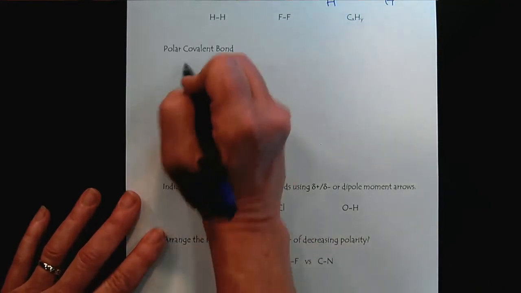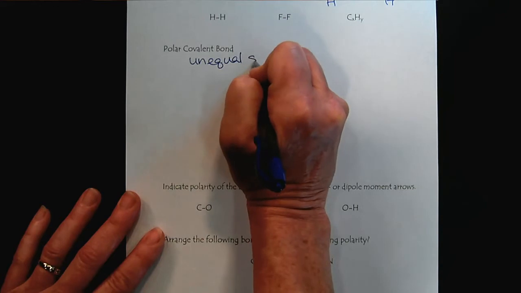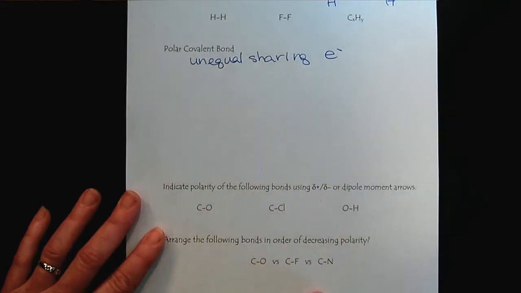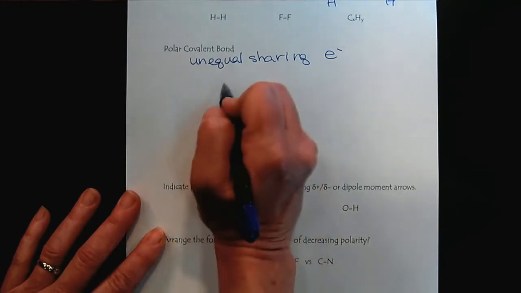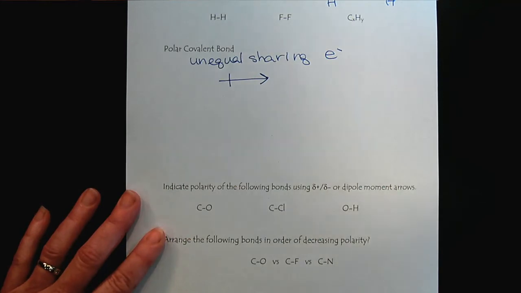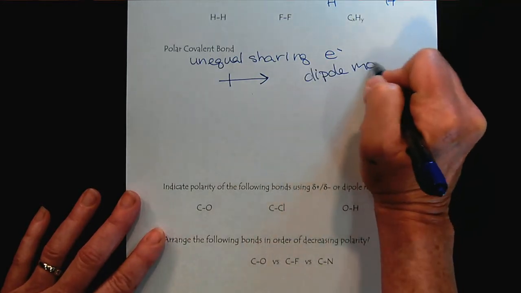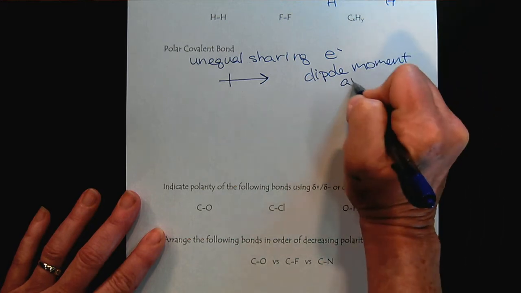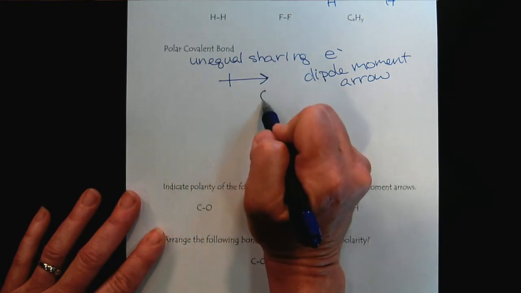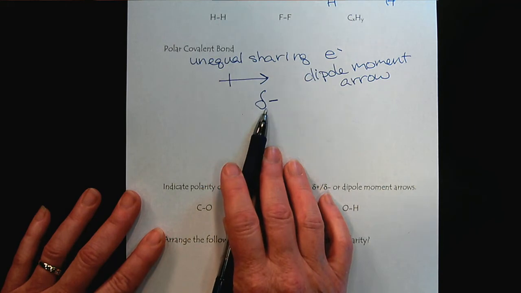So this is where we have an unequal sharing of electrons. And so we saw the symbols earlier. We could describe it one of two ways. This is called a dipole moment arrow. The arrow points to where the electrons want to go, so that's where the partial negative shows up.